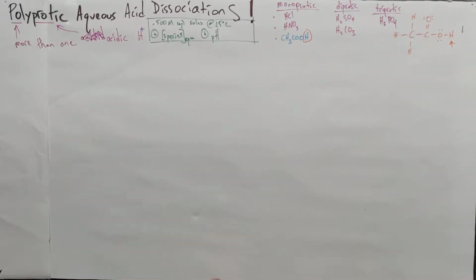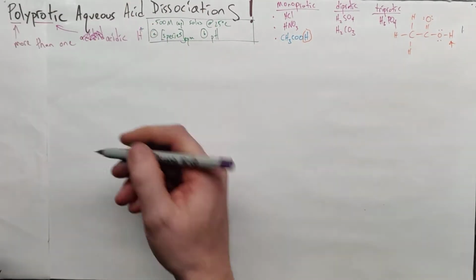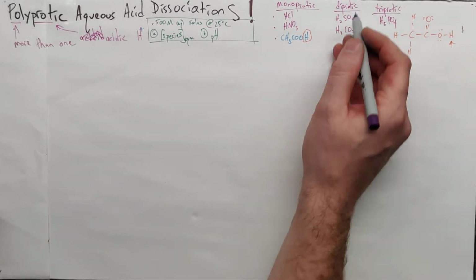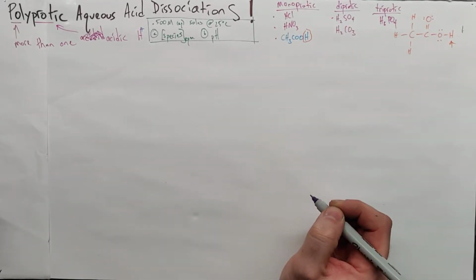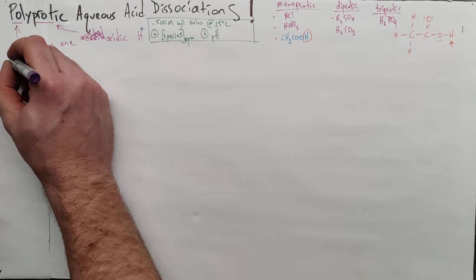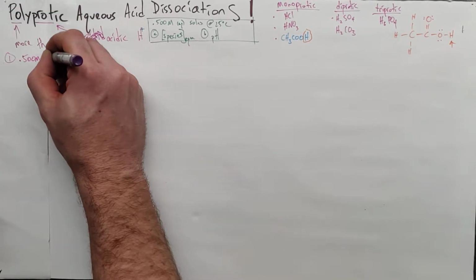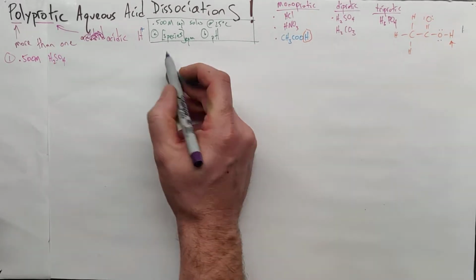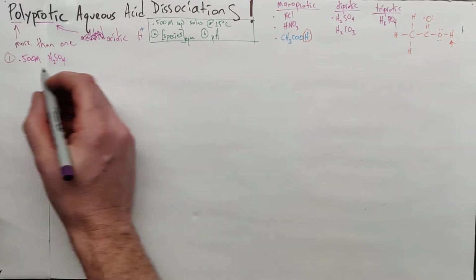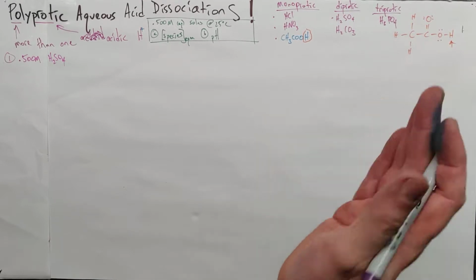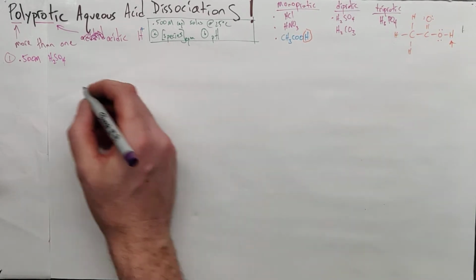All right, let's get a jump on this. We'll start out with a strong diprotic acid, H2SO4. So pretend we're given 0.500 molar H2SO4. We're looking for that stuff right there. Just like any other equilibrium problem, start out by writing the aqueous dissociation equation.